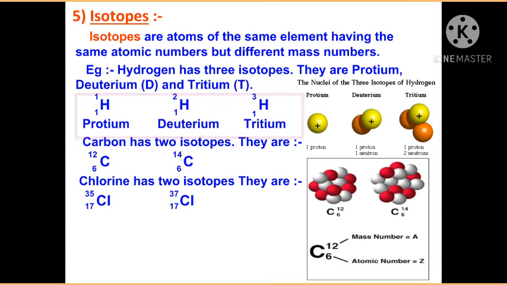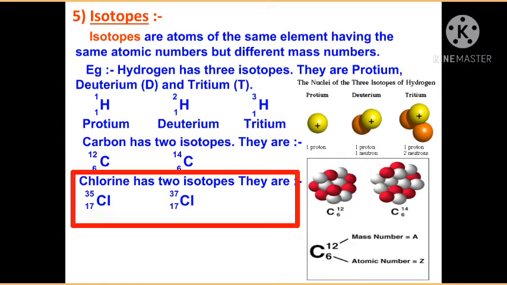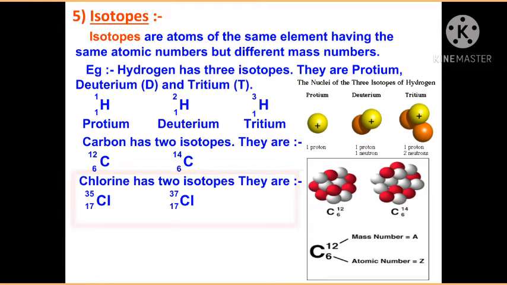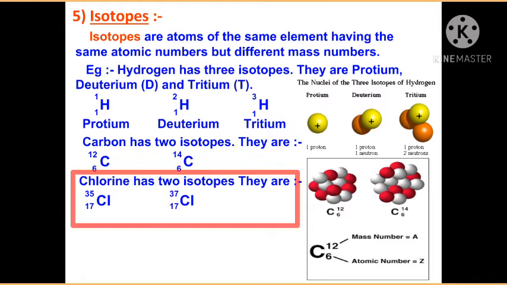Other such examples are carbon, which has two isotopes, that is 6C12 and 6C14. Chlorine is also having two isotopes, that is 17Cl35 and 17Cl37, and so on.